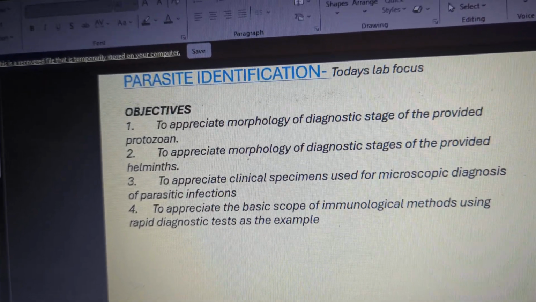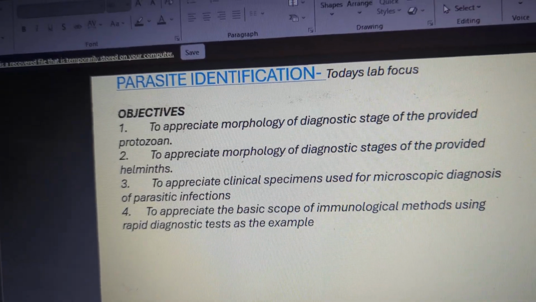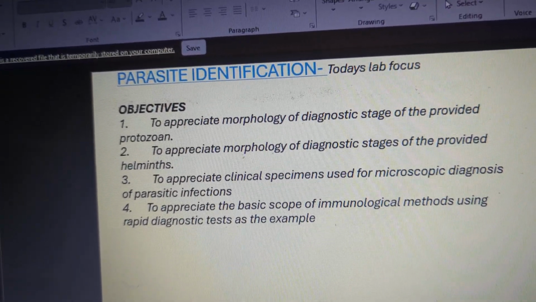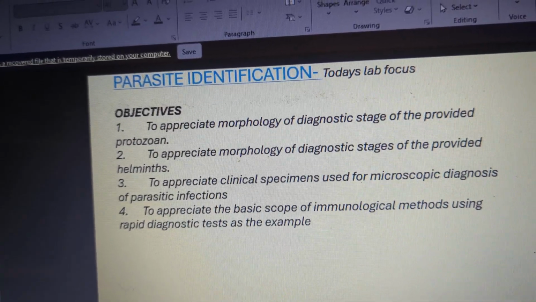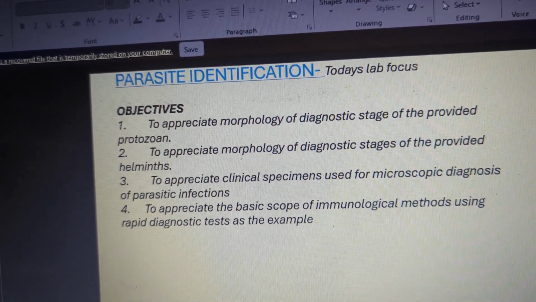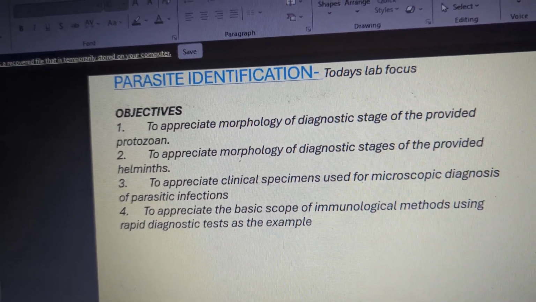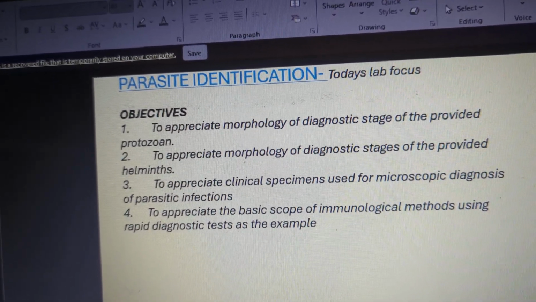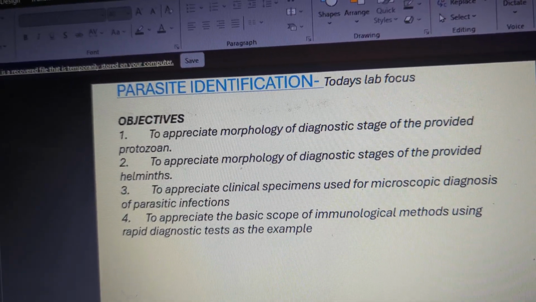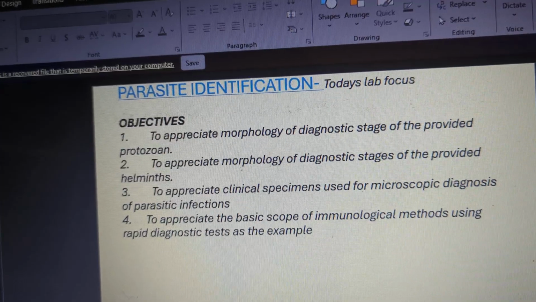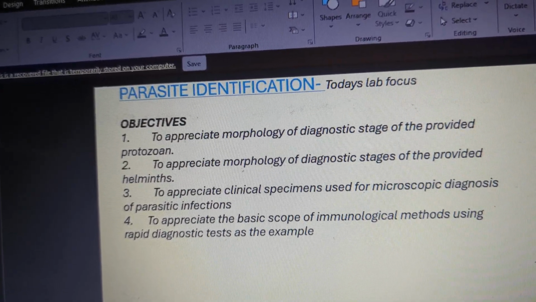And we have the objectives listed there, which tie into the commonly used methods that I've just mentioned. Okay. So basically, we have the microscopy that we want to use to determine microscopic diagnostic stages, okay, in the specimens. For example, in the lab session we have a protozoan, we have a helminth, okay.